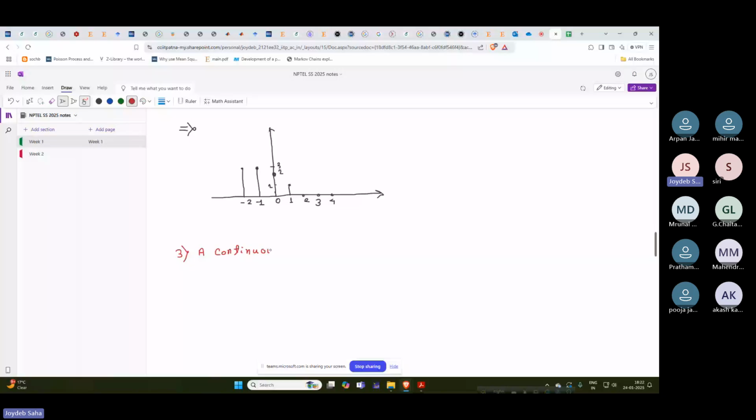A continuous time signal is given: xt equals 1 minus mod of t for minus 1 less than or equal to t less than or equal to 1, and 0 in any other case.